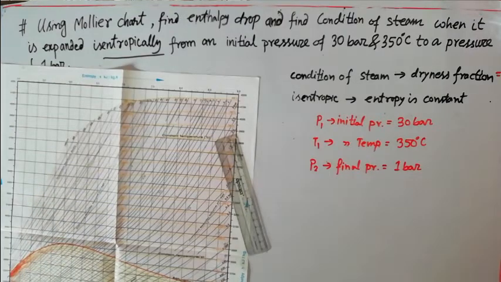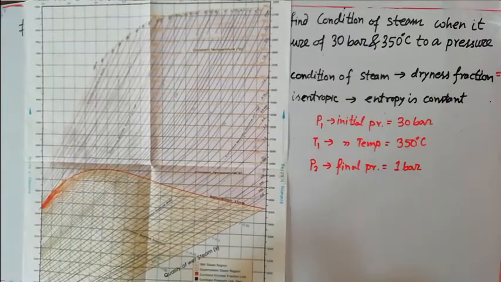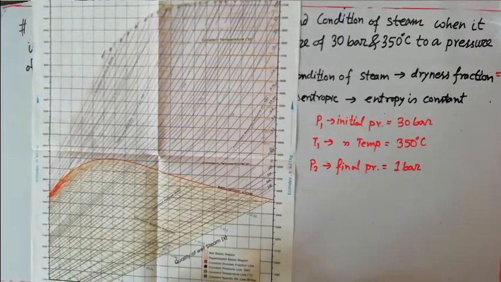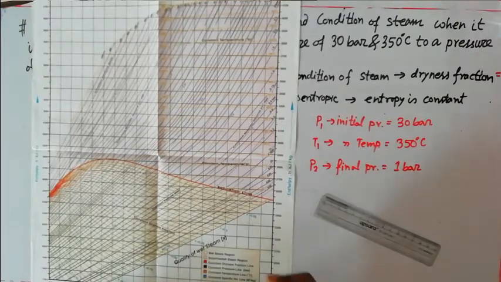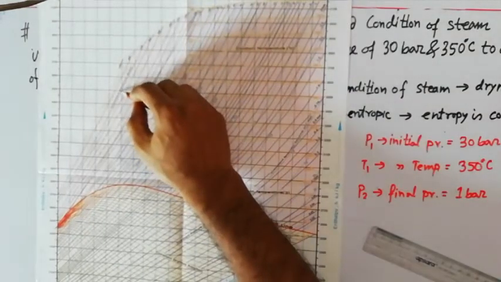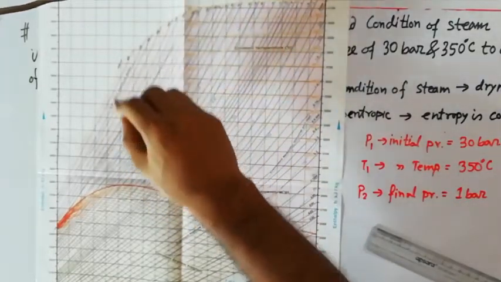How those values can be inserted in this particular diagram, that I am going to show you over here. Suppose the first one is 30 bar pressure. So observe the Mollier chart carefully. You can see lots of constant pressure lines given, lying this way, purple colored lines.